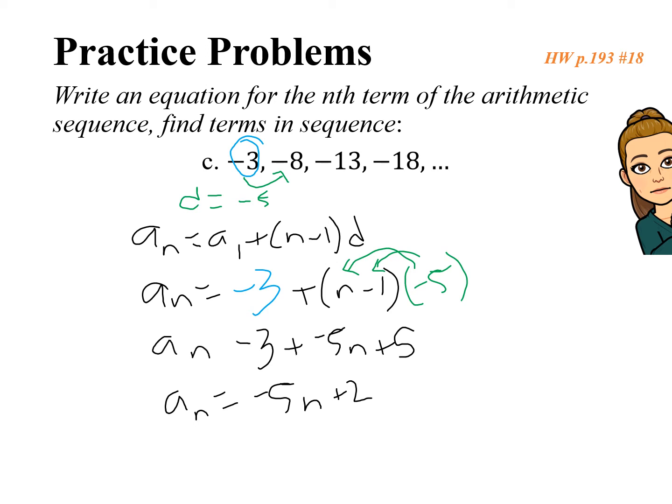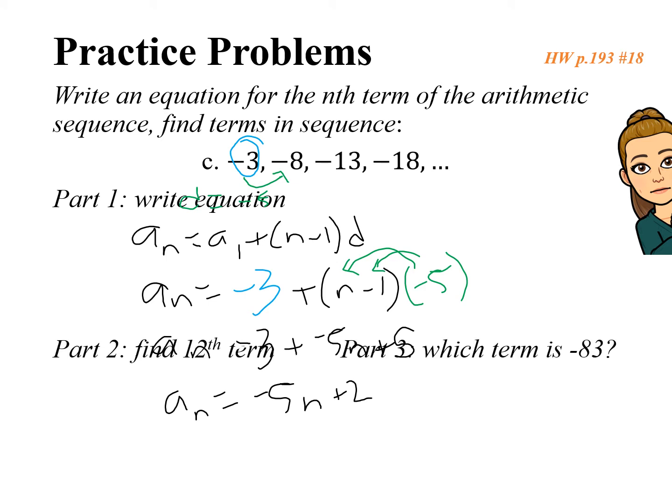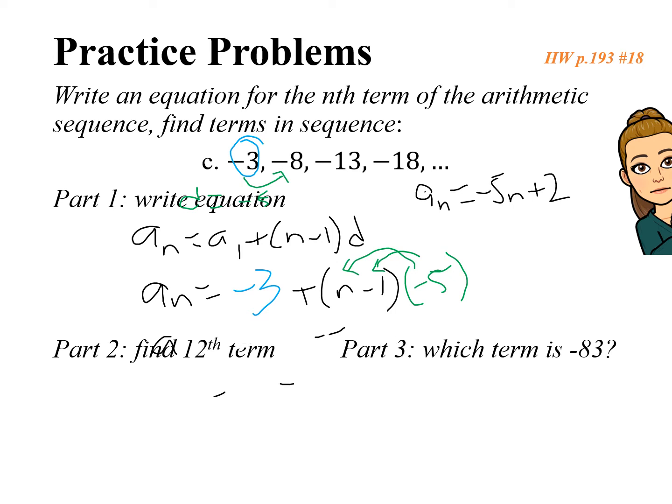Now I wrote the equation, but I want to figure out what the 12th term is and which term is -83. So I'm going to rewrite my equation up here just so it's out of the way: a sub n equals -5n plus 2. I'll erase off this stuff here. There we go. I want to find the 12th term. My 12th term is when n equals 12.